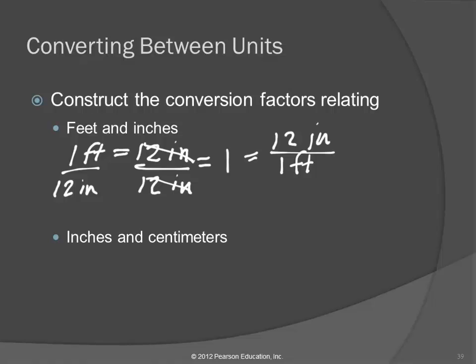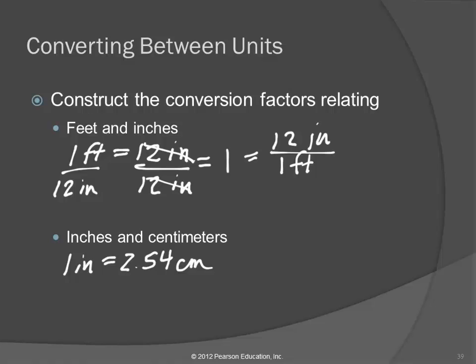Let's do inches and centimeters. Anybody remember the relationship between those? 1 inch equals 2.54 centimeters. We use that one quite a bit, so that's a good one to remember, but you don't have to remember that one. So what are the two? We can make two conversion factors from this.